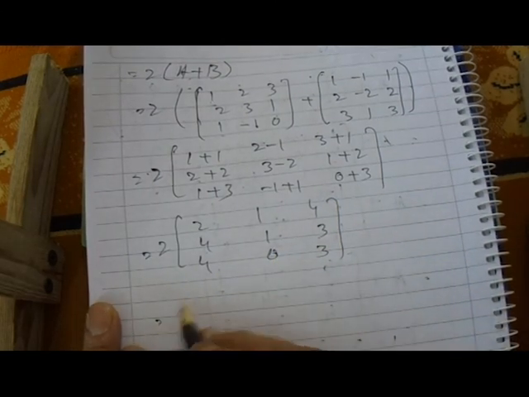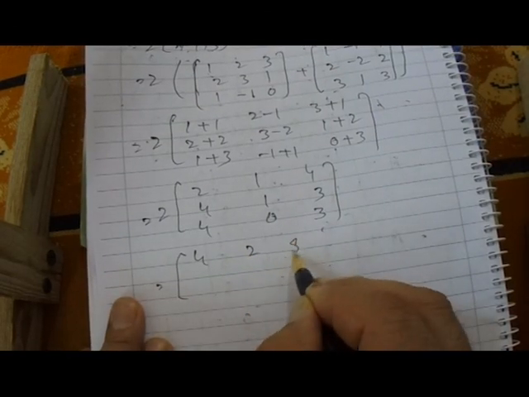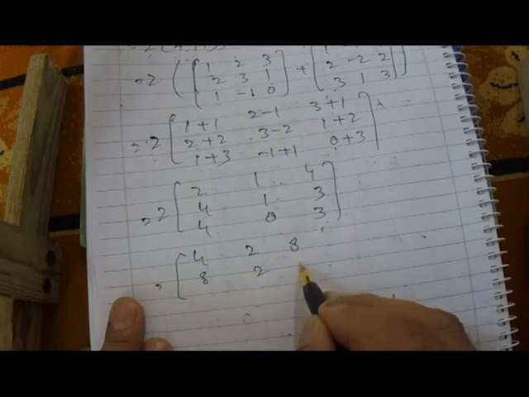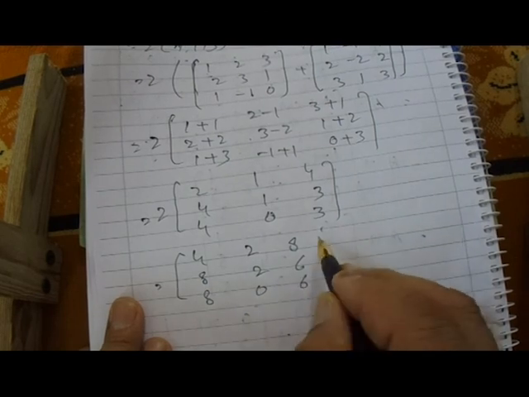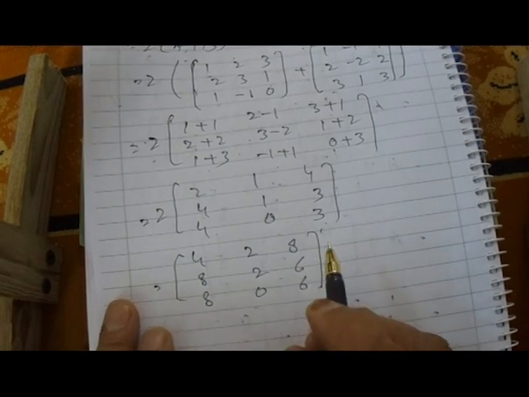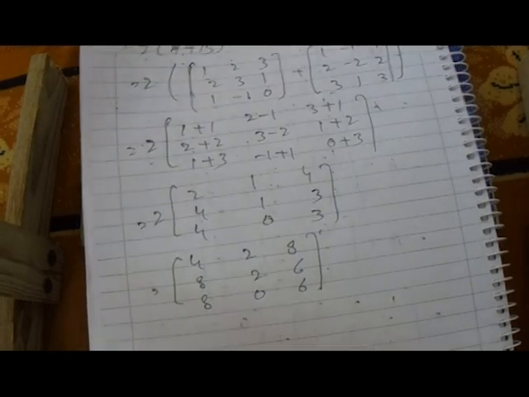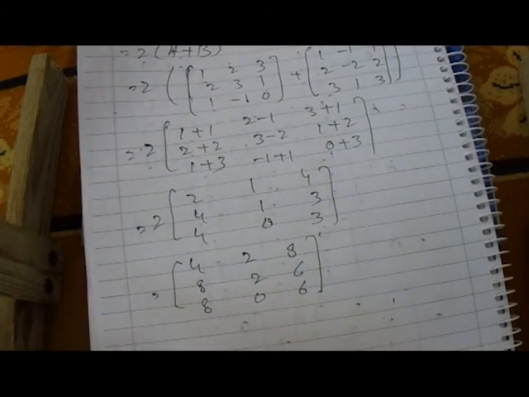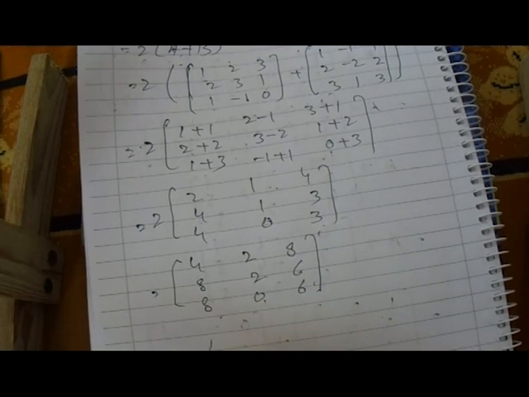Now we multiply this 2 by every element of this matrix: 4 2 8, 8 2 6, 8 0 and 6. Now we compare this result with the answer of this question: 4 2 8, 8 2 6 and 8 0 6. Now the left hand side is equal to the right hand side.